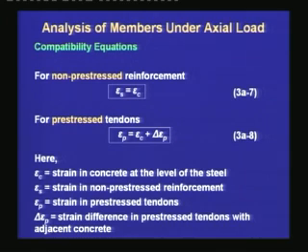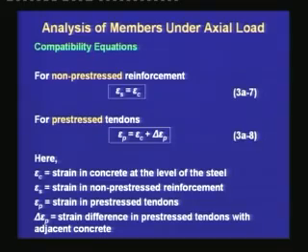Next, we are writing the equations of compatibility. For non-prestressed reinforcement, epsilon c, which is the strain in the concrete at the level of the steel, is equal to epsilon s, which is the strain in the non-prestressed reinforcement. That means what we are trying to express is that both the non-prestressed reinforcement and the concrete deform together.